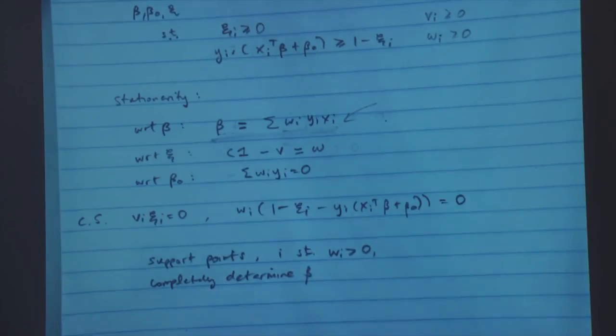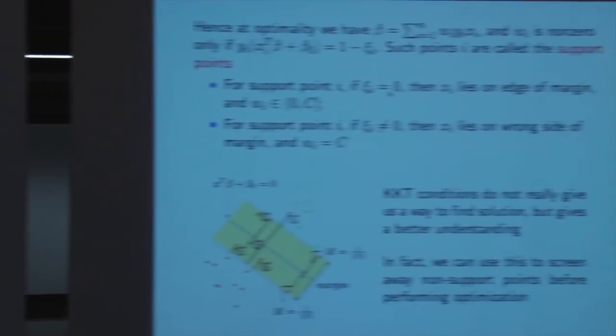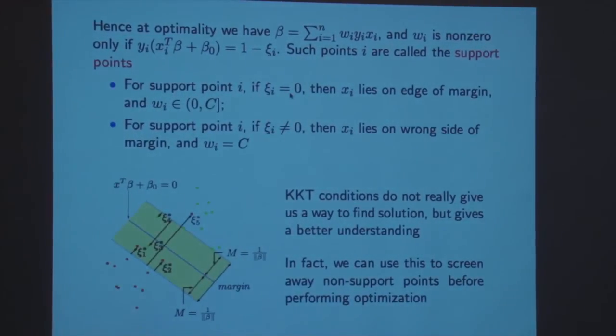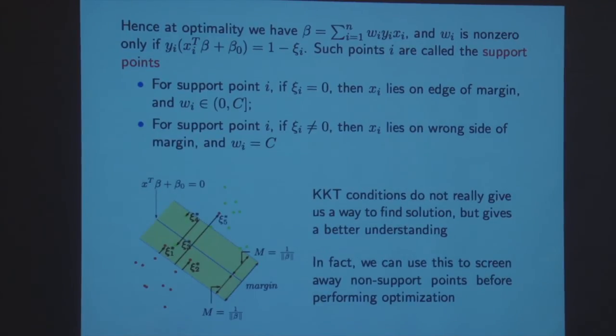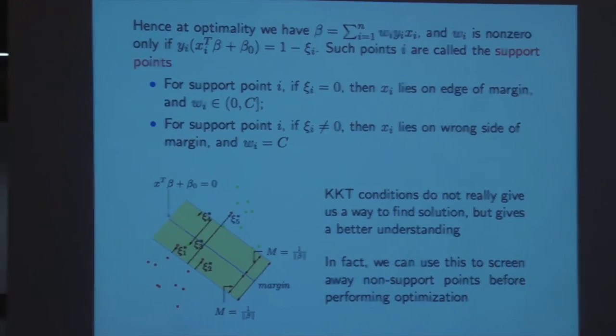So we've just learned something about the support points, which is that for the support points for which psi_i equals 0, which, by the way, means that it lies on the edge of the margin, like these two green points in this picture, the weight they contribute in the overall determination of the margin can be anywhere between 0 and c.